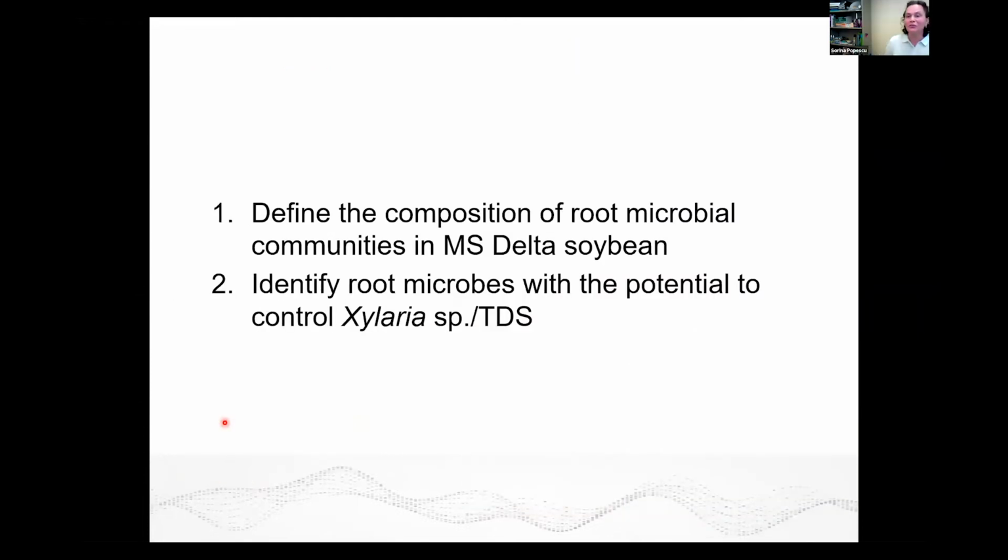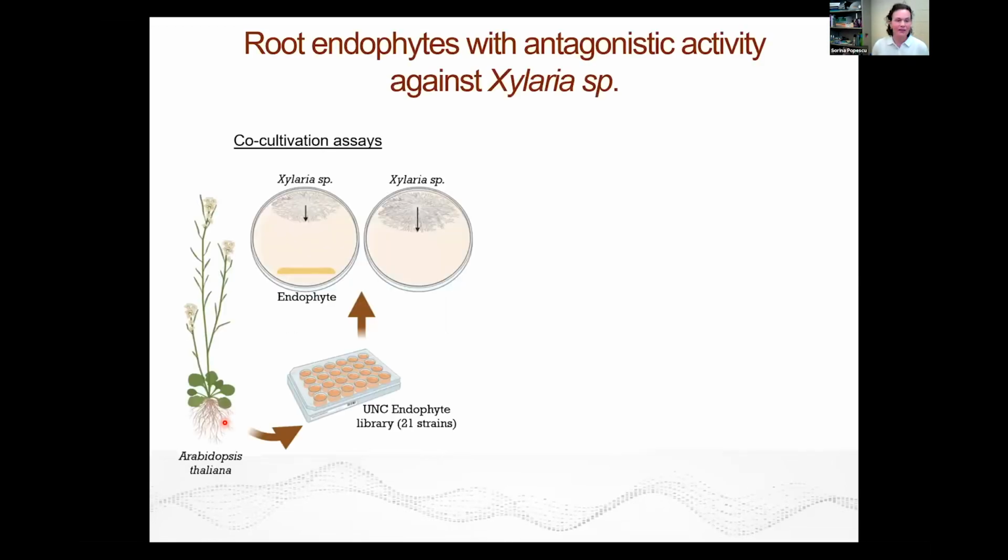So we started working on this project about a year ago, as I mentioned, and we had two main objectives here. So we wanted to understand what is the composition or structure of root microbial communities in Mississippi Delta soybean, and then identify microbes with the potential to control TDS and Xylaria and help us grow healthier plants.